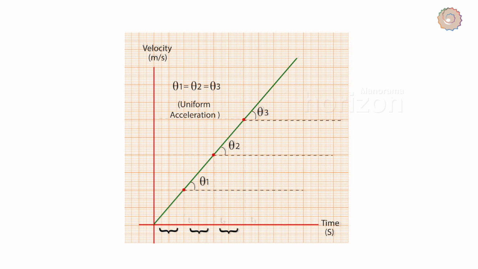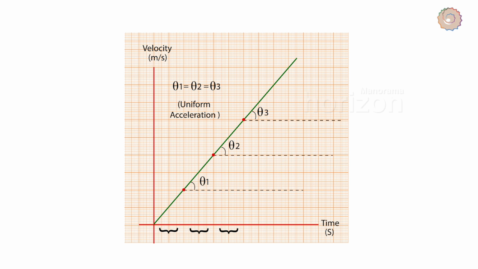And the reason is that at various times from the origin, the speed of the object, the velocity of the object is changing. Another important thing to notice is it does not matter what interval we use, the slope remains constant. This means that for all intervals of time, the rate of change of velocity remains constant.